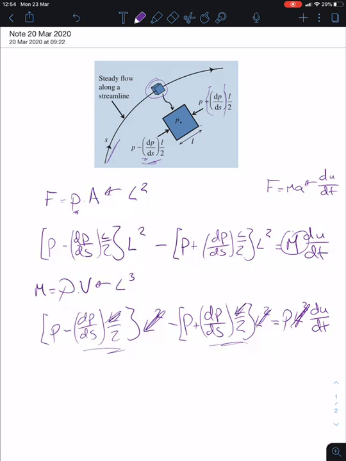Again, we've got a pressure term here, and we've got a pressure term that's subtracted here, so those two terms cancel out, and then we essentially have minus a half dP by ds minus another half dP by ds. So this simplifies down to minus dP by ds equals the density times du by dt.